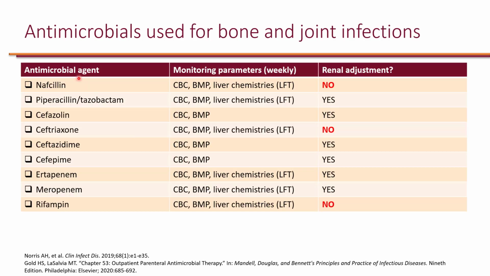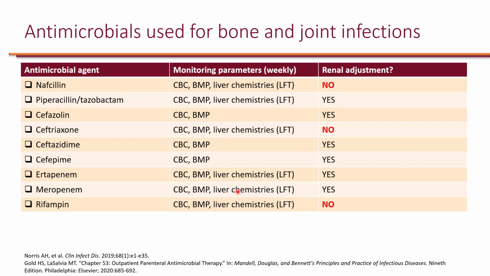Here's a list of IV antibiotics that are used outpatient for the treatment of bone and joint infection. Rifampin is also available as oral, so it is often used orally for the treatment of bone and joint infection. Keep in mind that according to the 2018 IDSA guidelines for OPAT, or outpatient parenteral antimicrobial therapy, it is recommended to check CBC, so complete blood count, and basic metabolic panel weekly for outpatient monitoring for all of these agents.